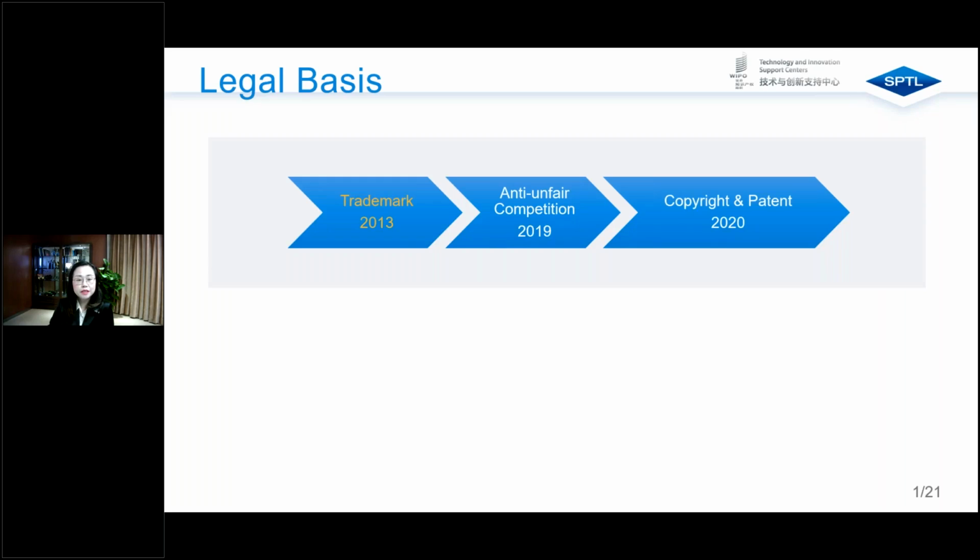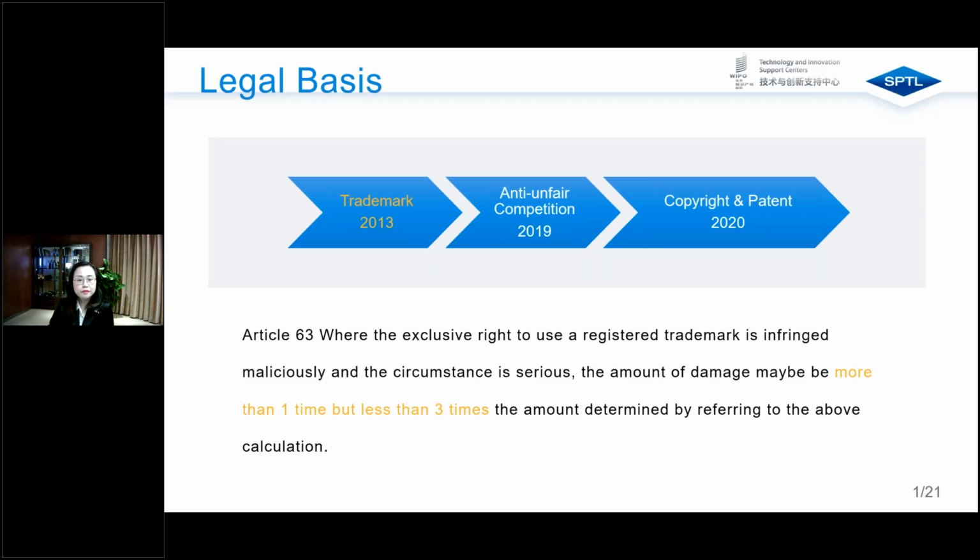In 2013, punitive damages was first introduced in trademark law, wherein Article 63 provides that where the exclusive right to use a registered trademark is infringed maliciously and the circumstances are serious, the amount of damages may be more than 1 time but less than 3 times the amount determined by referring to the above calculation.